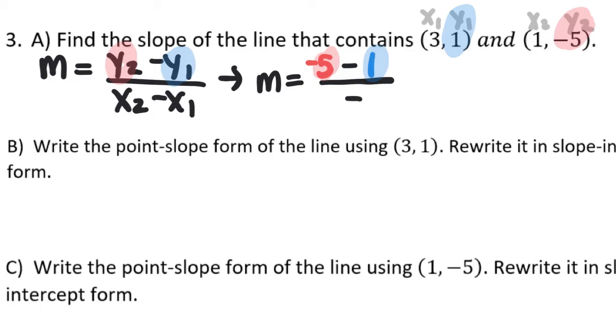So minus 1. Then I need the value of x2 to go in this blank, which has a value of 1. And then lastly, I need the value of x1 to go in my last blank, which has a value of 3.